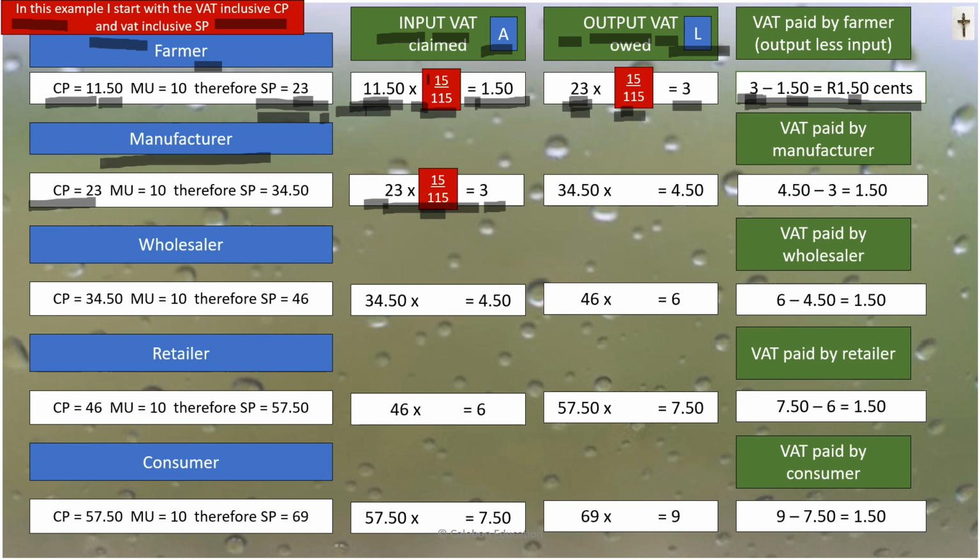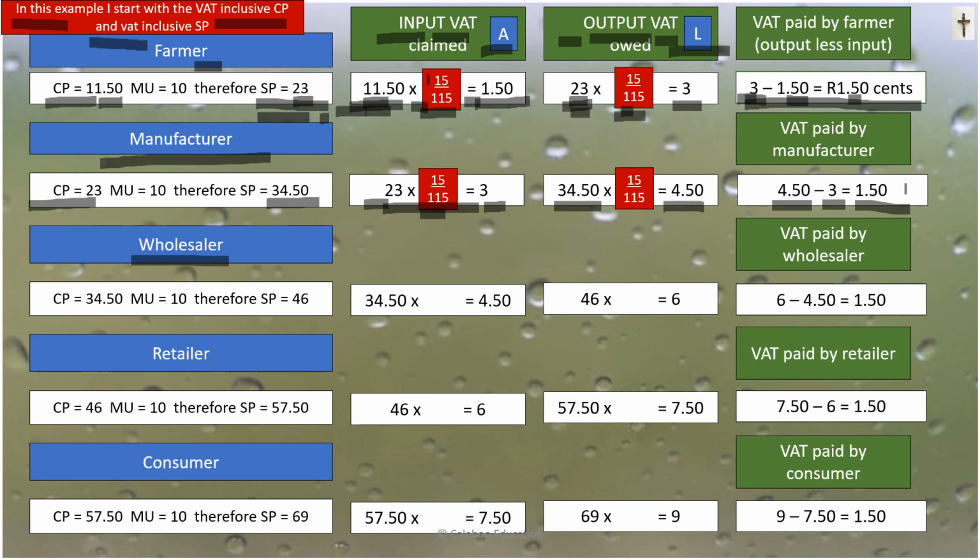So the input VAT is 3. Then the selling price including VAT, 34.50, multiplied by the VAT fraction is equal to 4.50. Output VAT minus input VAT is equal to 1.50. The manufacturer will pay 1.50 to SARS.